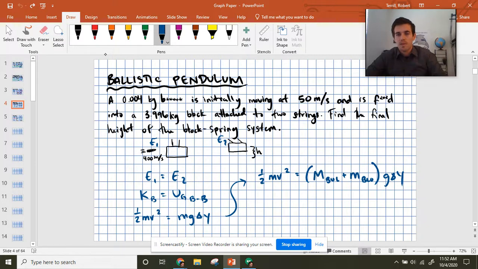Divide both sides by the mass, divide both sides by g, and I get delta y equals mv squared all over m bullet plus m block, all over g.